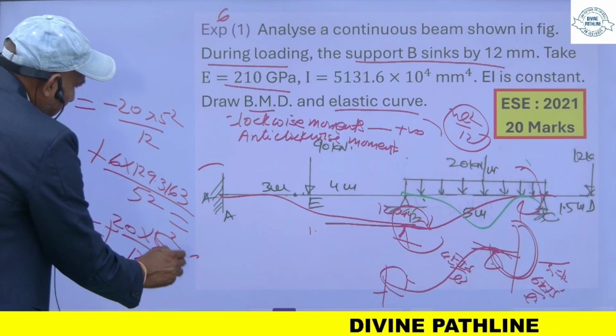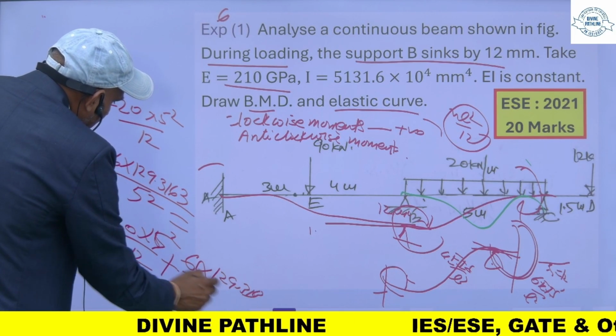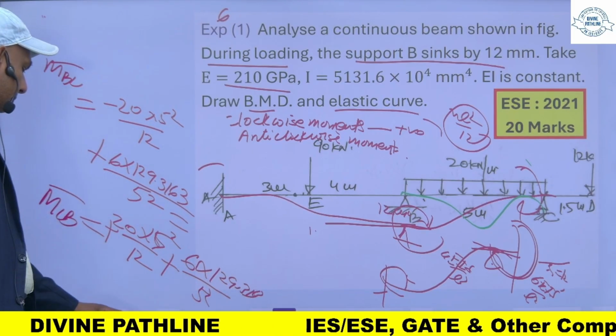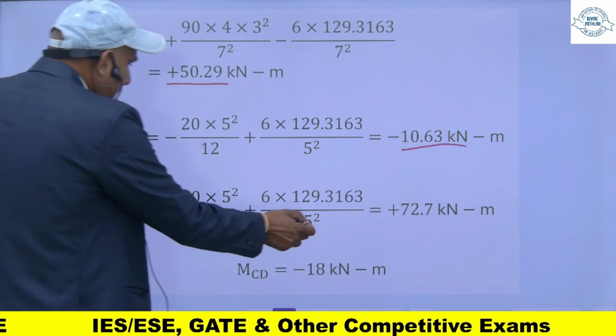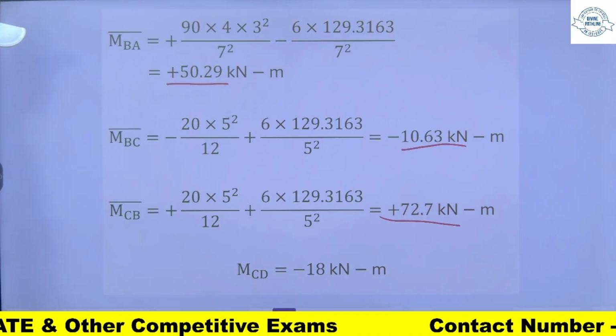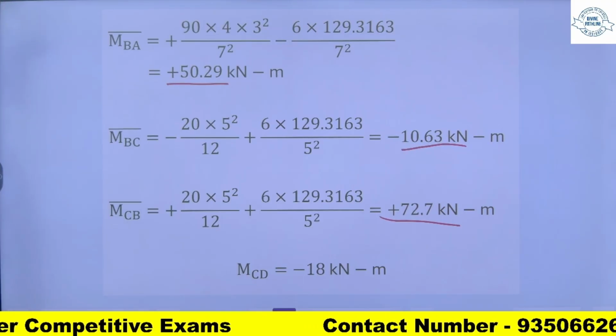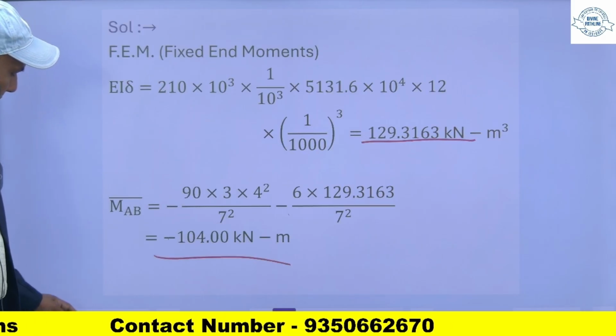It will be 6 EI delta upon L square. So we will get this CB, and this is 72.7 kilonewton meter positive.